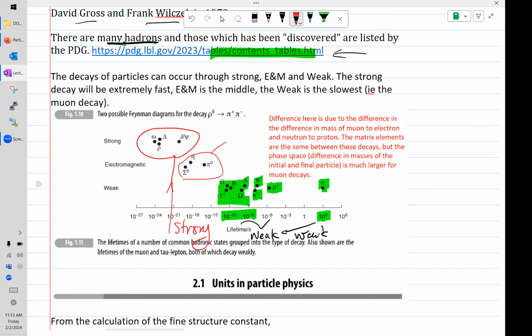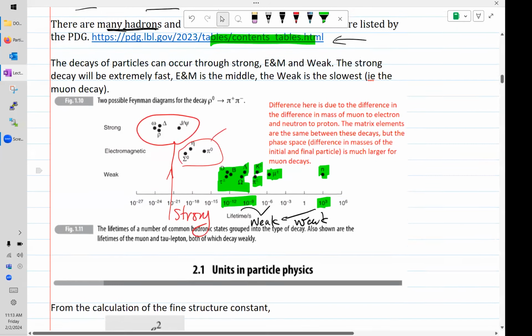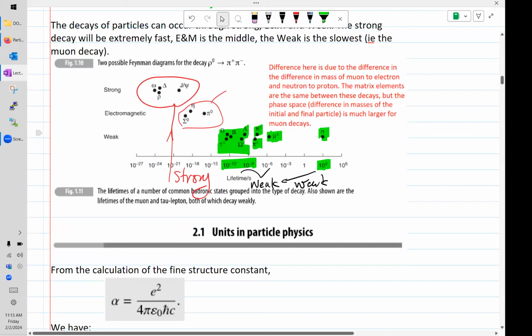The electromagnetic interaction has the second strongest coupling constant, 1/137. The weak interaction has the smallest coupling constant, 1/10,000. So this is the reason why these particles live longer or shorter, depending on which path they take in order to decay into a lighter particle.